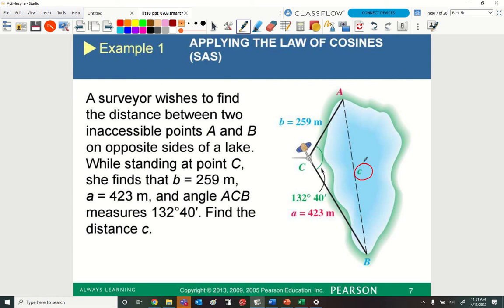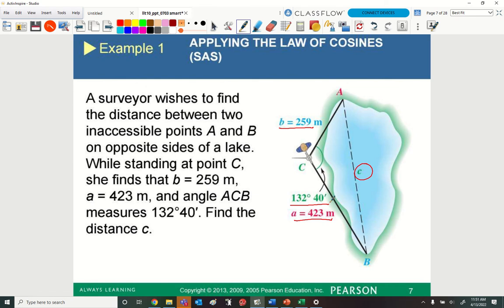If I'm looking for little c, that means I have to have little b and little a, and I have both of those. And I have to know what big C is, and I know that one here.